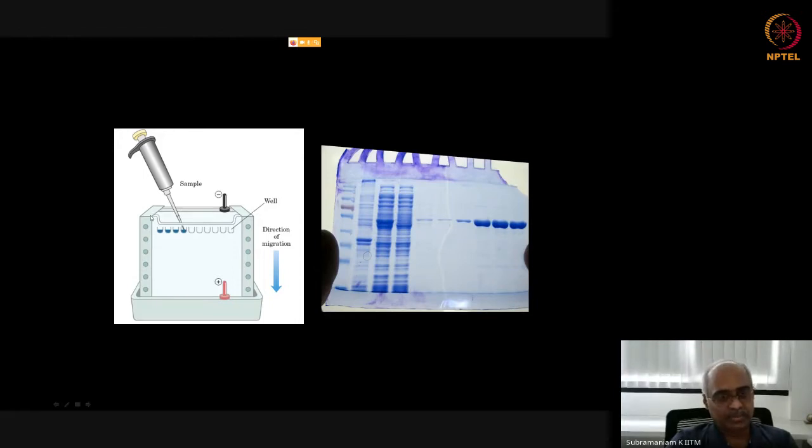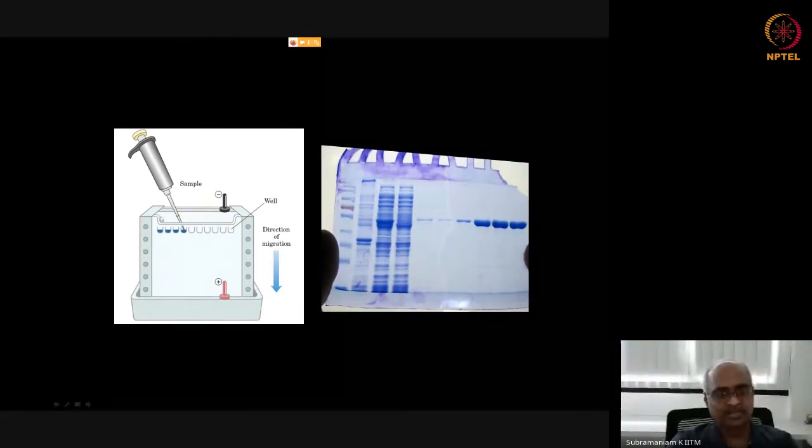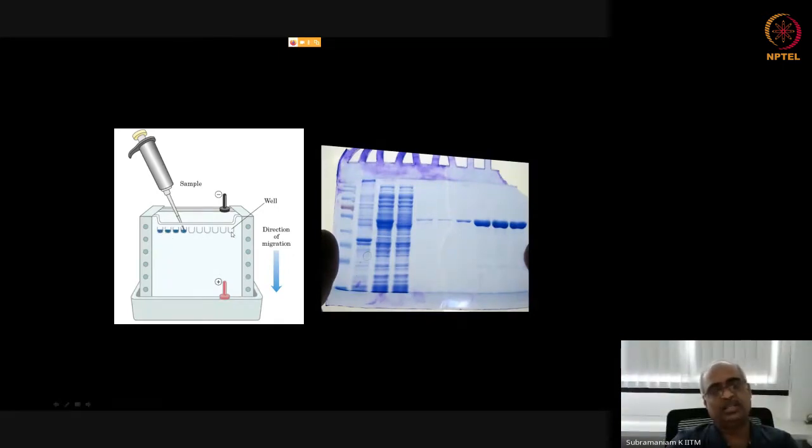And you will keep a comb-like structure here, a plastic comb with teeth. After it solidifies, if you remove the comb, you get these shapes which we call wells, and that is where the protein is loaded.